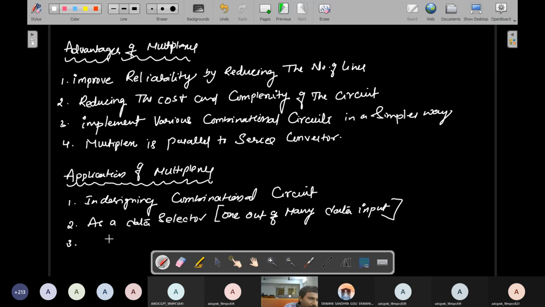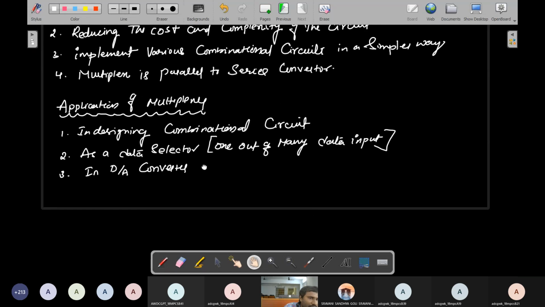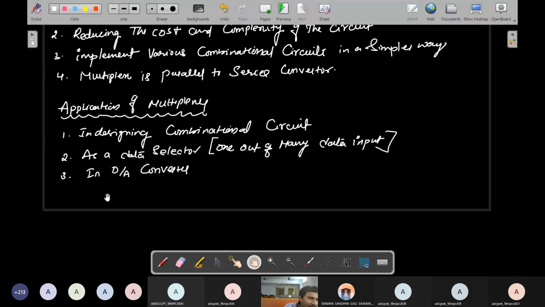So next, the third point is in DA converters. It is very important actually. DA converter is one topic, but this topic is not in our syllabus right now.